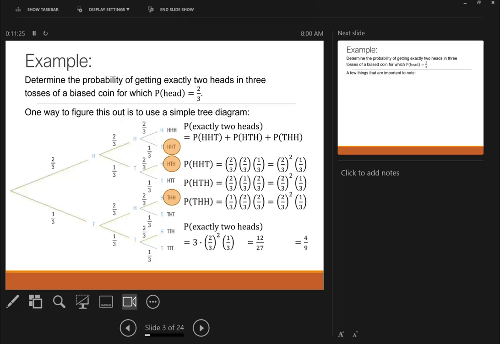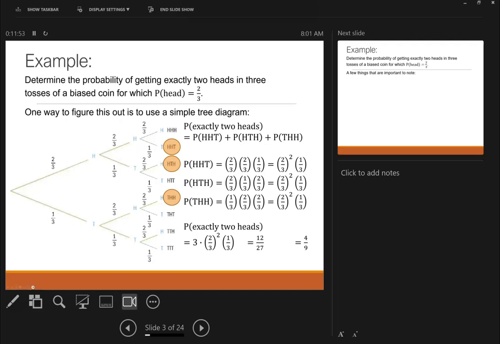So this is our outline for how we're going to build our formula to calculate probabilities inside of a probability distribution. So how many successes do we have in exactly 2 heads? 2, as heads comes up twice. How many failures do I have? 1. And how many different ways can I get 2 heads? 3.